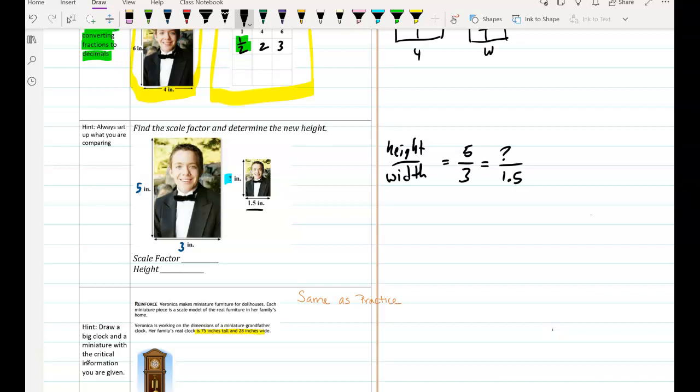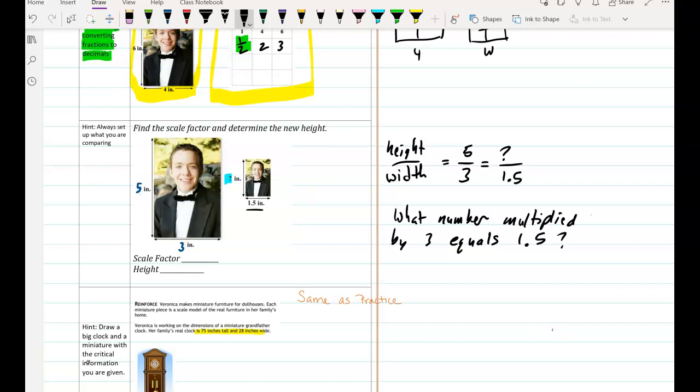Now remember, you have to ask yourself, what number multiplied by 3 equals 1.5? Well, the only way we can find that out is by division.